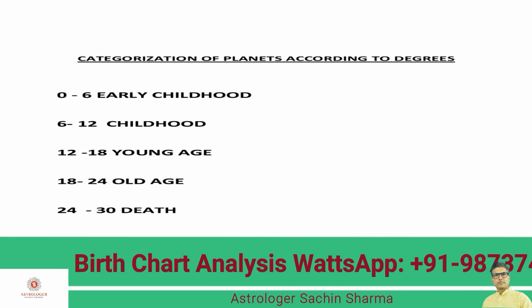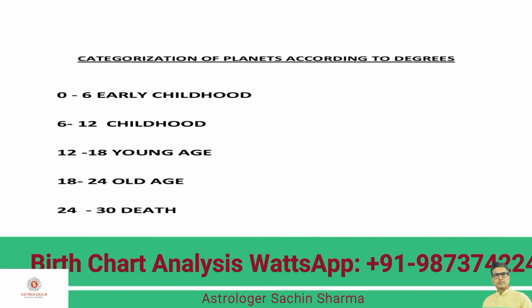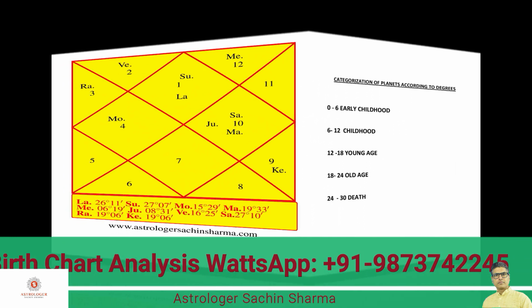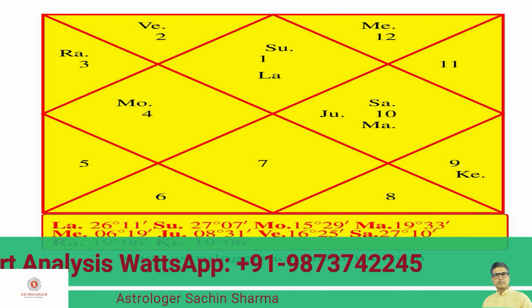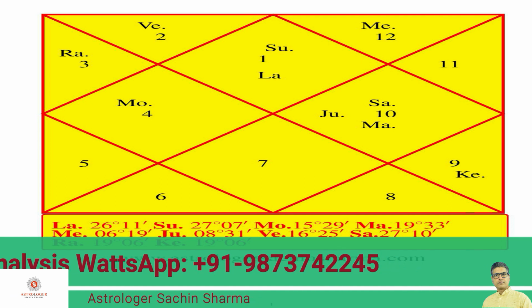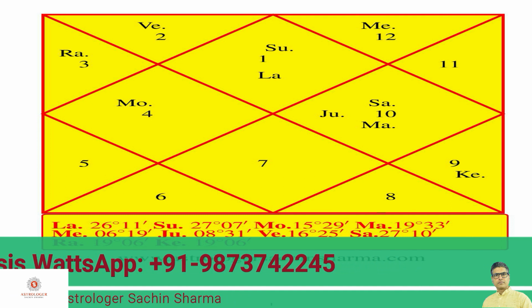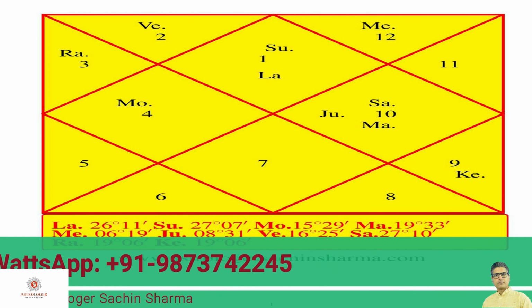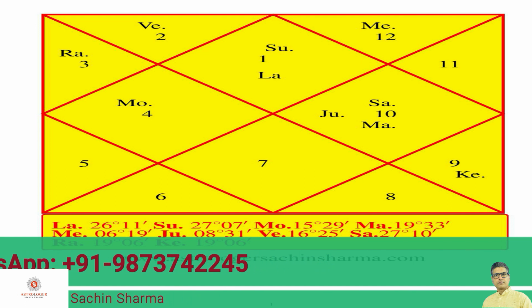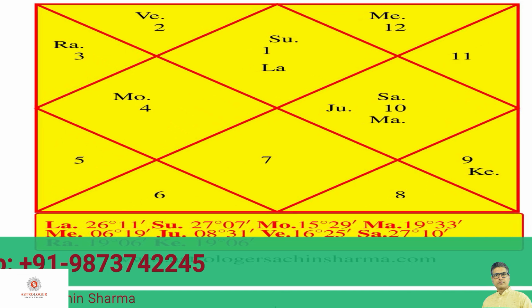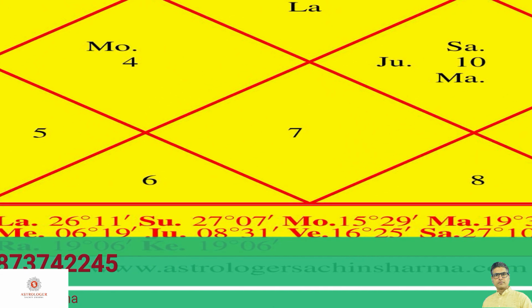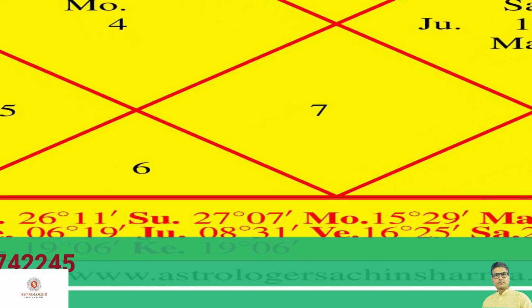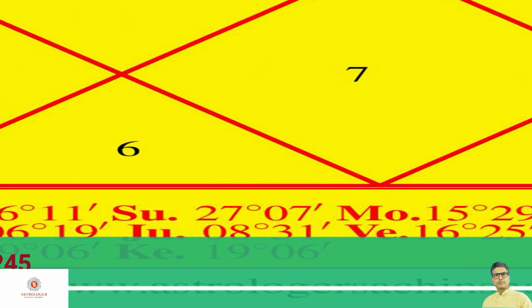Now let us understand this concept with the help of this birth chart. Here you can see a birth chart of Aries ascendant, where Sun is placed in the first house. So I think such technical terms are now very clear to you. Here we can see that the Sun degree is 27 degrees 07 minutes.